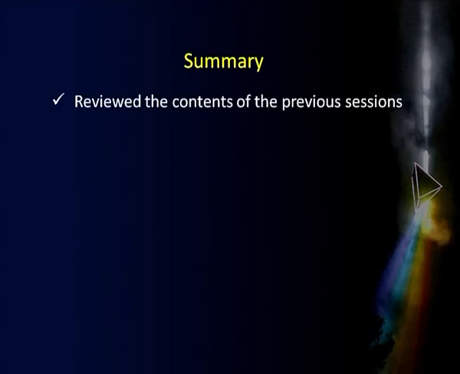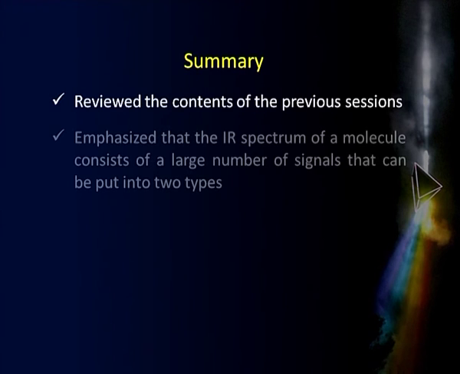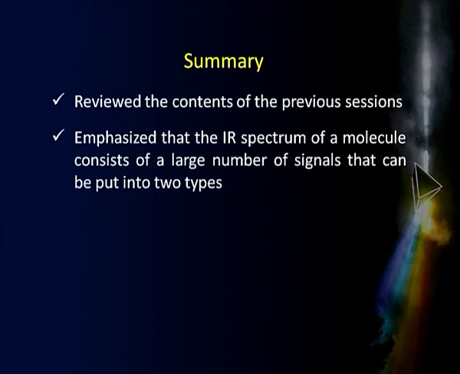Now, let us sum up what we have done today. We reviewed the contents of previous sessions, that is what we began with. Thereafter, we emphasized that the IR spectrum of a molecule consists of a large number of signals, and that large number of signals can be put into two broad groups, the skeleton vibrations and the group frequencies.